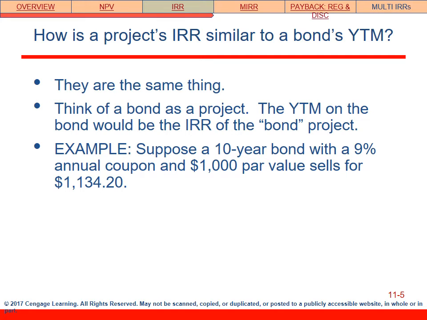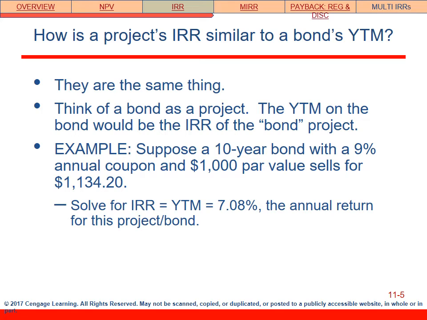And then solve for internal rate of return. It's 7.08%. But you could also plug in all that information when we solve for yield to maturity on a bond using the time value of money buttons. You end up with the same answer. So internal rate of return, yield to maturity, same thing. We're just talking about two different investments in the financial world.